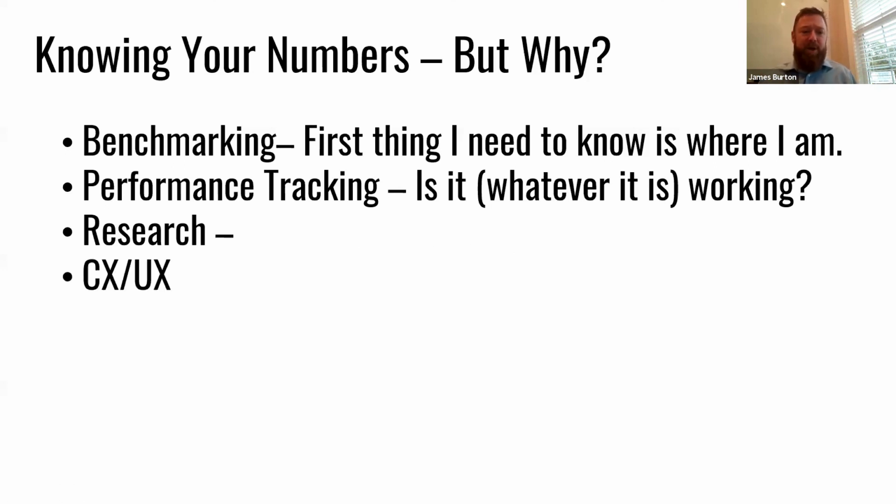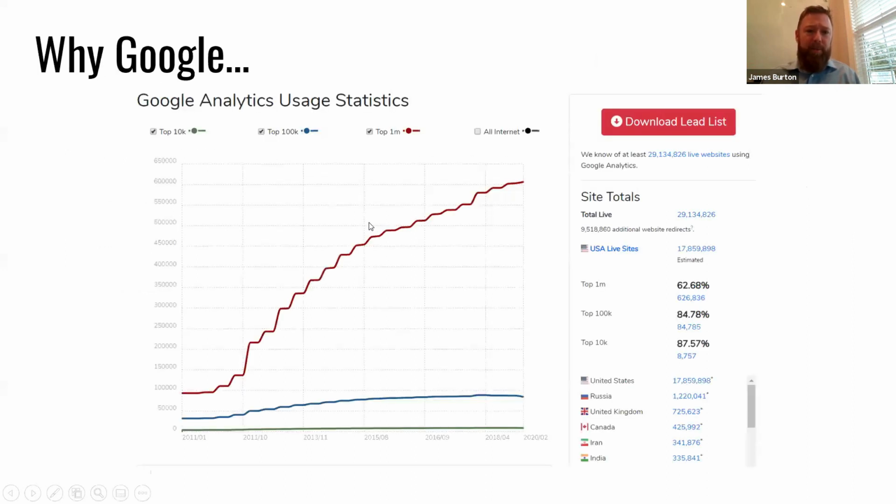And then, as Joe was talking about, that customer experience, that user experience on the site. Are they just coming and bouncing? They spend 4 seconds on the site. Maybe our site doesn't have very good quality content, and there aren't other things engaging them and driving them deeper into our site. Those are some things we can learn and want to look at when we're knowing our numbers.